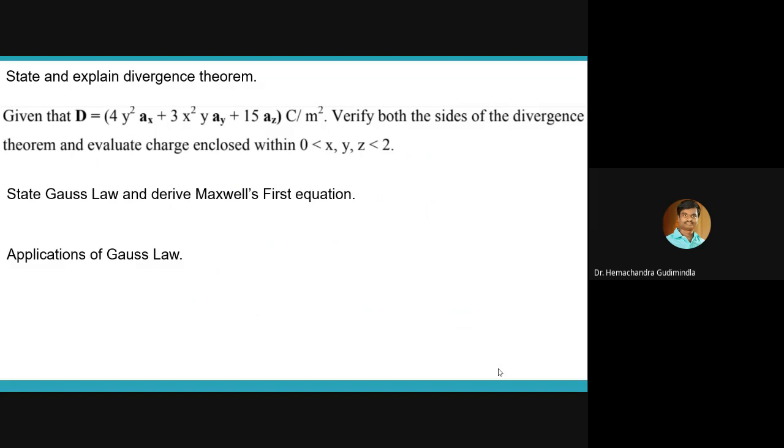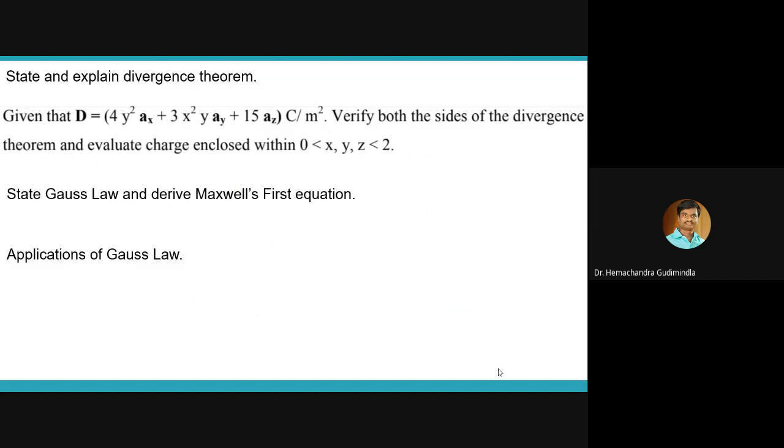Based on the volume charge, there are two types of problems. I will quickly go through the electric field intensity due to line charge density, surface charge density, and volume charge density using Gauss law, and we will spend more time on the problems.